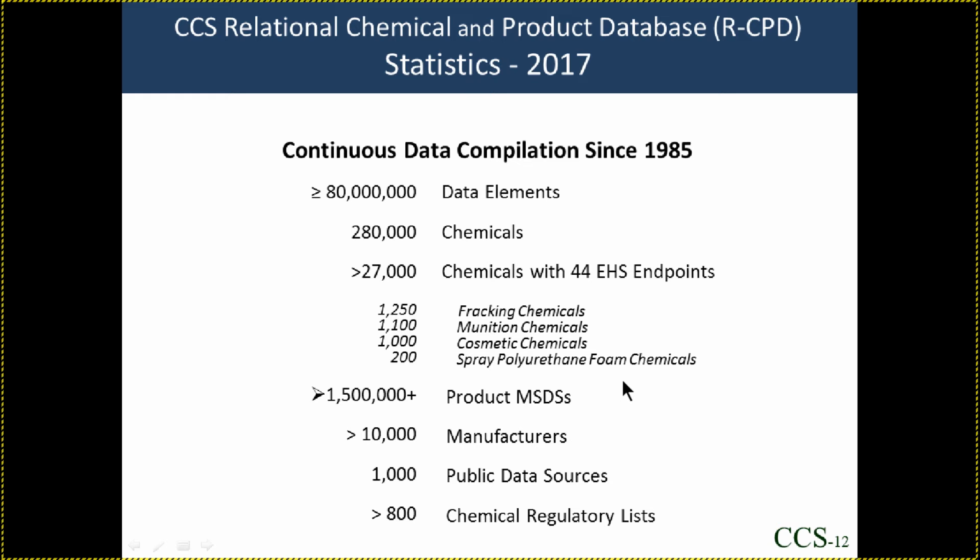We also have other groups of chemicals, and we can compile these inventories, if you will, and the associated data for chemicals in any industry. The data is compiled from over 1,000 public data sources, and among those we have over 800 chemical regulations, mostly in the United States, but we also have considerable international among those 800 regulations.